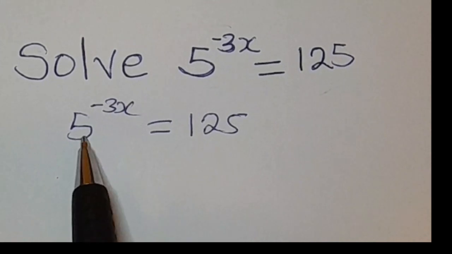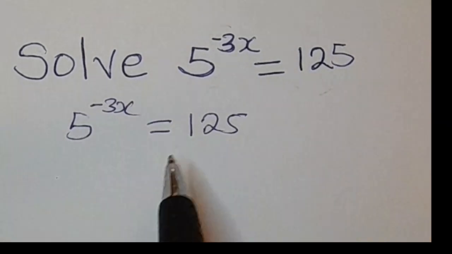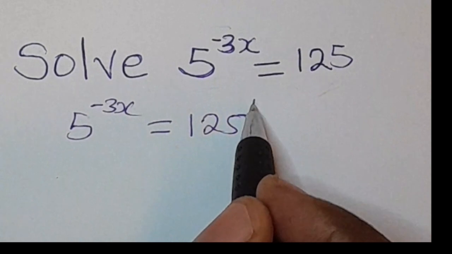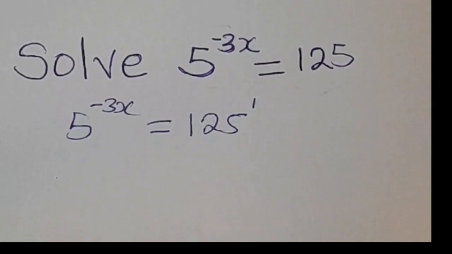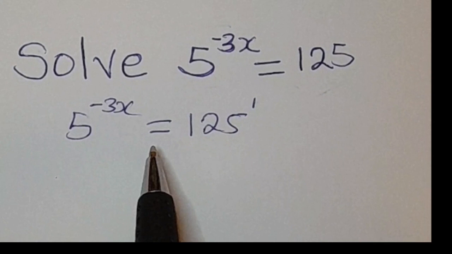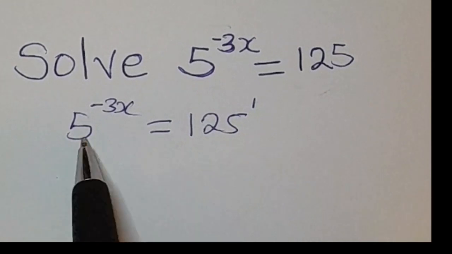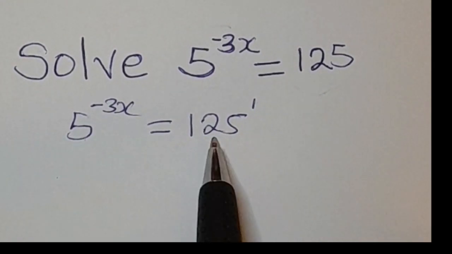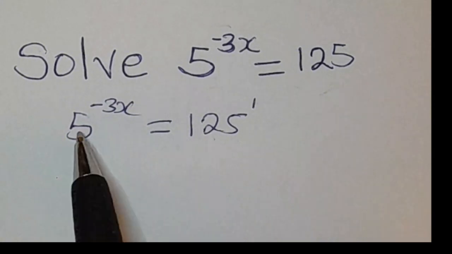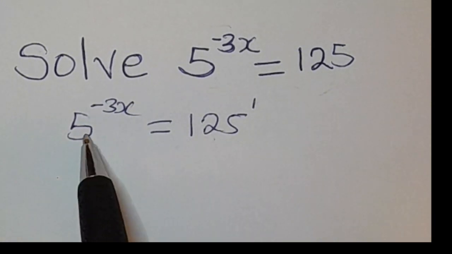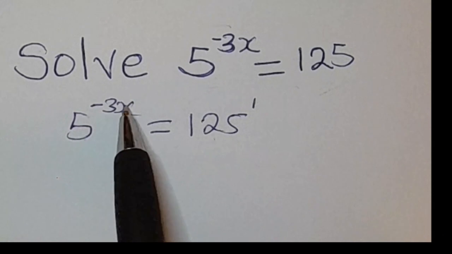So this is a base, and 125 is the same as 125 to the power 1. So we have the base 5 here and the base 125. On the left, the base is 5 and negative 3x is the power.